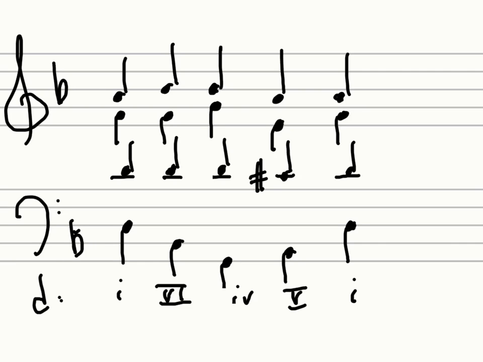Note, for example, that having 2 descending thirds in a row ends up going to the same place as having 1 descending fifth. And that's why these are very versatile progressions.